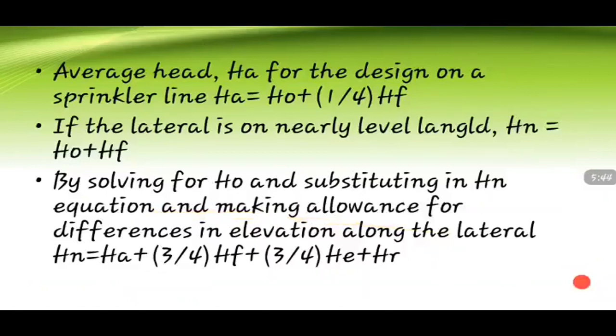By solving for HO and substituting in the HN equation, and making allowance for differences in elevation along the lateral, HN will be HA plus 3/4 of HF plus 3/4 of HE plus HR.